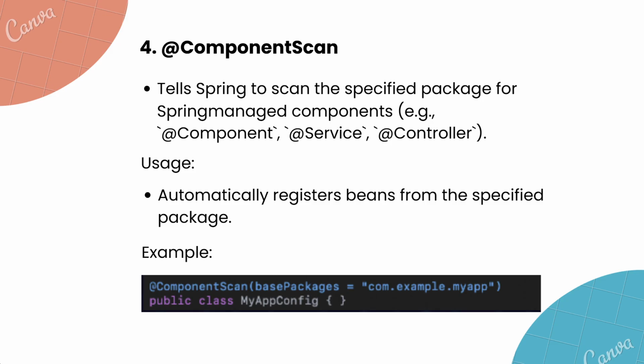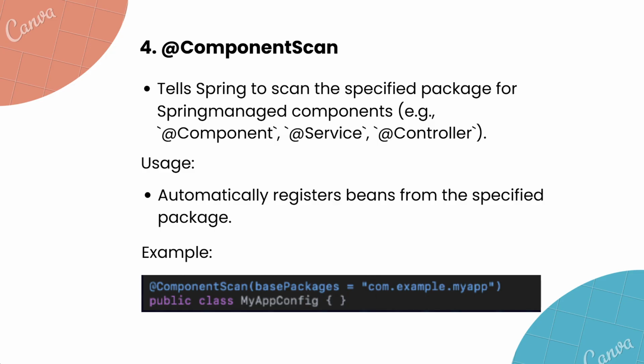Third one is com.example.myapp.controller, which contains controllers for handling user requests like product controller and order controller. So the goal is you want to automatically detect and register all components from the package com.example.myapp and its sub-packages without explicitly declaring each bean.